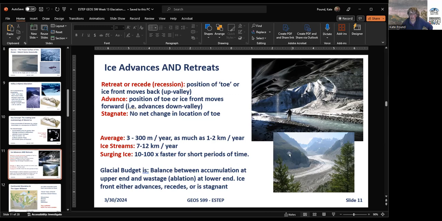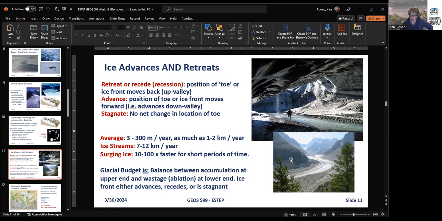The image in the lower area here shows a valley glacier that's flowing from somewhere back in the distance down towards us. But what you can see here is really pronounced lateral moraines. That's piles of sediment on the ice that have fallen down slope.